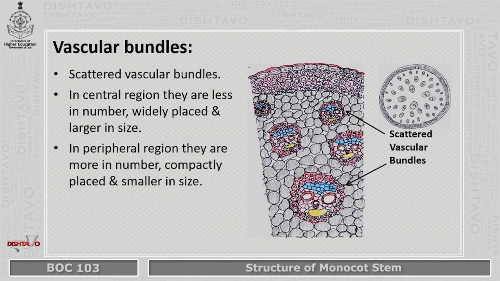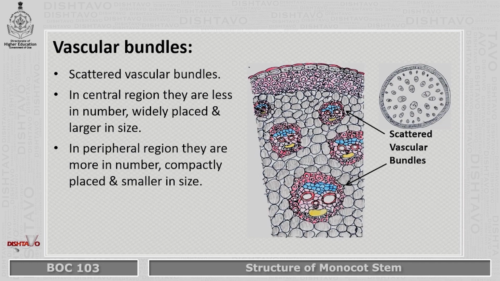When we look at the vascular bundles, we see that these vascular bundles are scattered in the ground tissue. This is again a striking difference between a dicot stem and a monocot stem. In case of dicot stem, we saw vascular bundles were arranged in a ring form at the periphery of the pith region. Here, we see them scattered throughout the ground tissue.